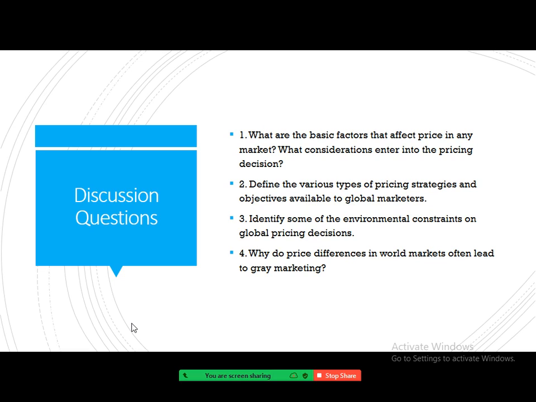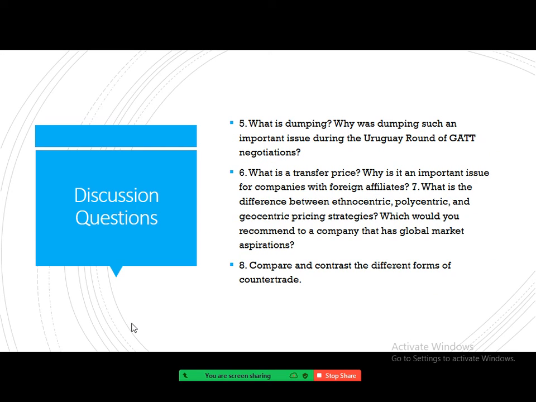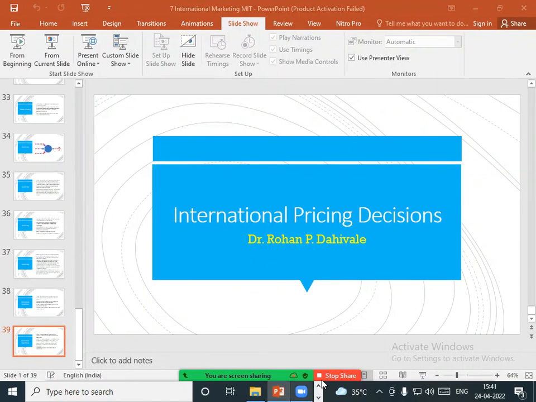And compare and contrast different forms of counter trade. So here the important questions are the second question, define the various types of pricing strategies and objectives, and question number 7, difference between the ethnocentric, polycentric, and geocentric pricing strategies. So these are important questions.